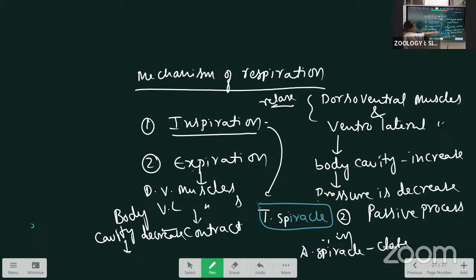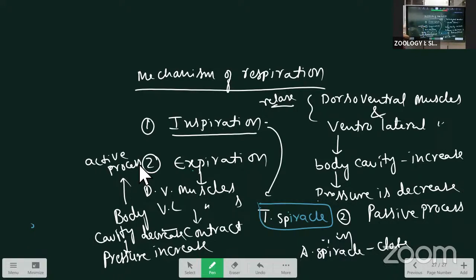Before that, pressure was decreased; in this, pressure is increased. Automatically, the air comes out. That we call expiration. It is the active process.